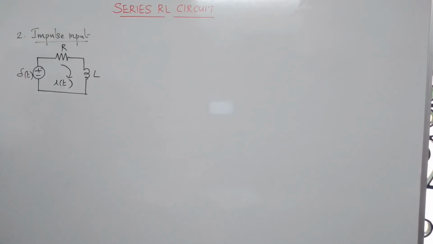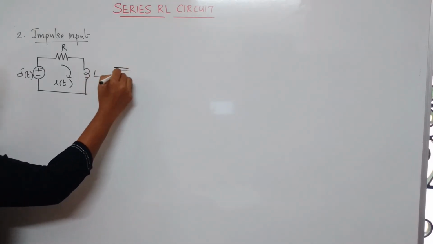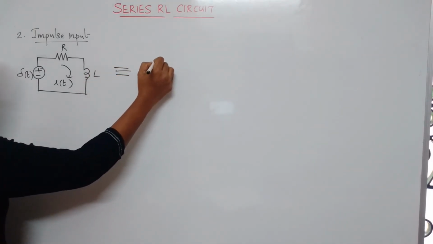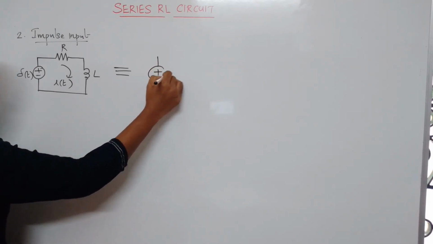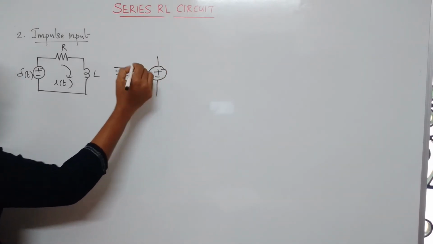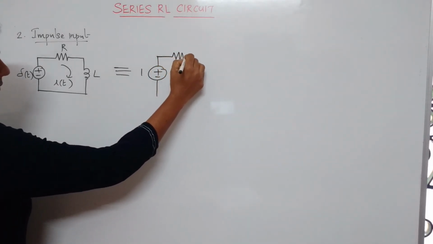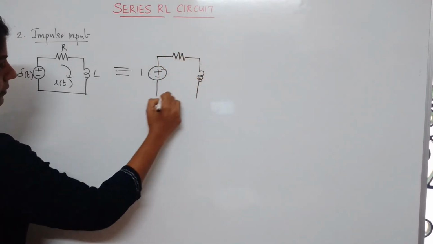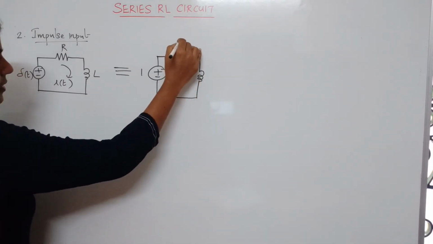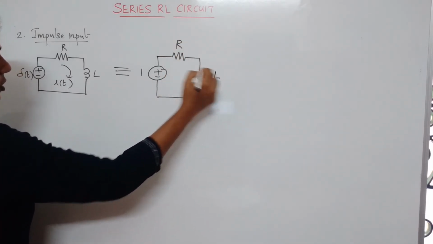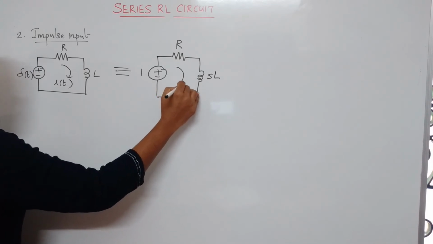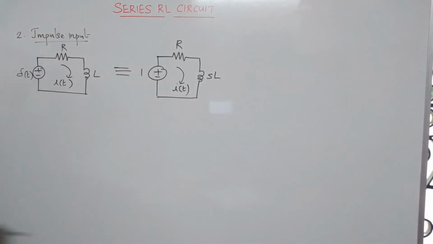Now we can represent that in S domain. Delta of t, its Laplace transform is 1. R is R. Here also we are assuming that all the initial conditions are 0.